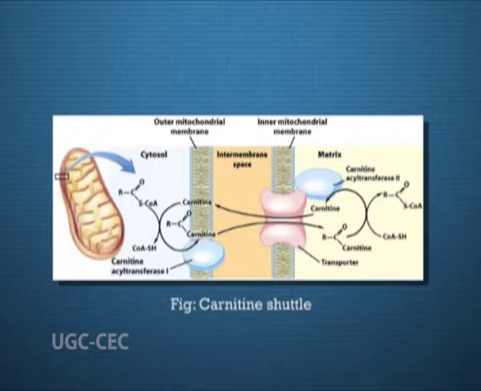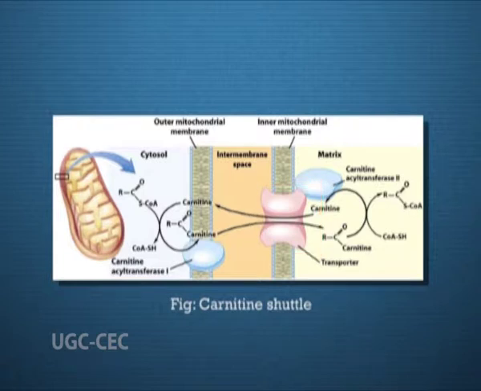In either case, passage into the intermembrane space occurs through the large pores formed by the protein porin in the outer membrane. The fatty acyl carnitine ester then enters the matrix by facilitated diffusion through the acyl carnitine transporter of the inner mitochondrial membrane.